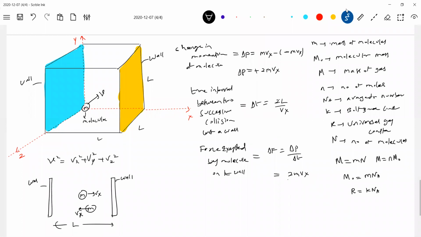So change in momentum is due to the x component of velocity, no? Okay, this is due to one molecule. So due to several molecules, what can we write? Change in momentum per second due to all molecules colliding with the wall.